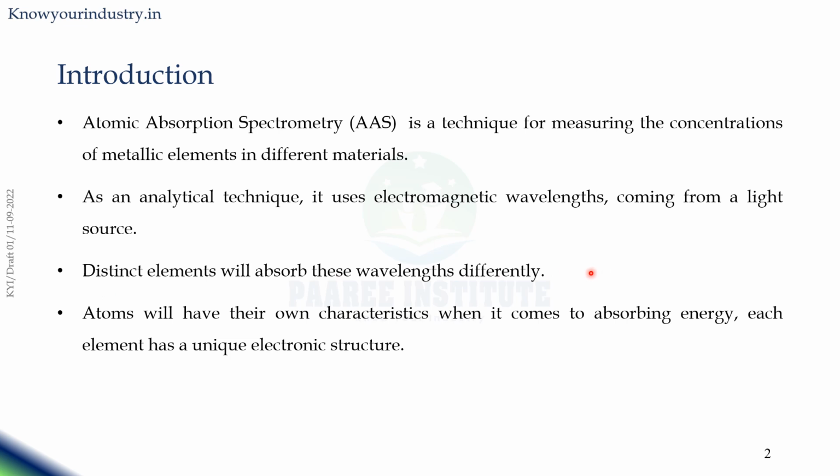So each element absorbs light at a different wavelength. When the light is absorbed by these elements, the atoms of the elements will have their own characteristics, and the element has a unique electronic structure.